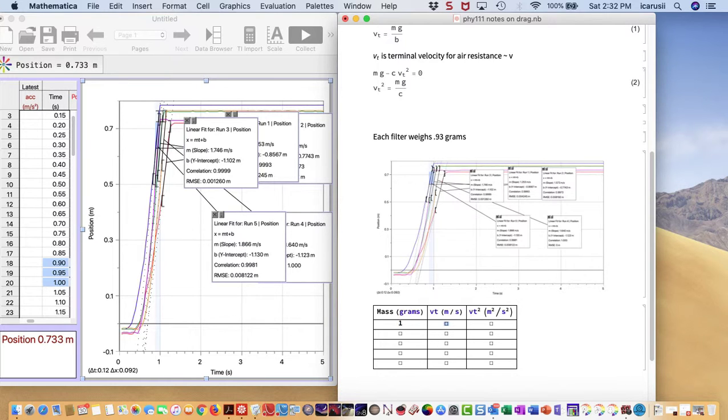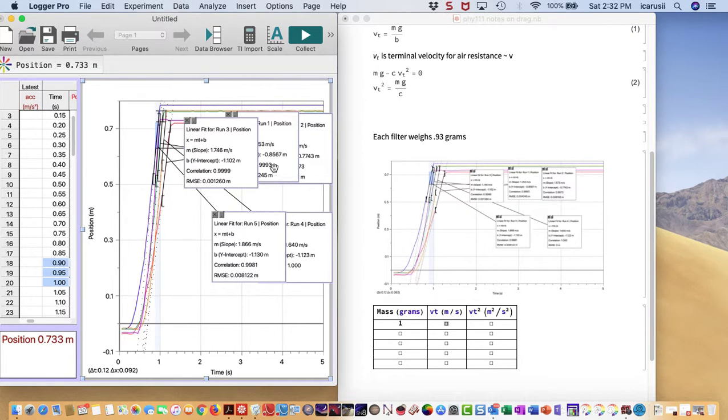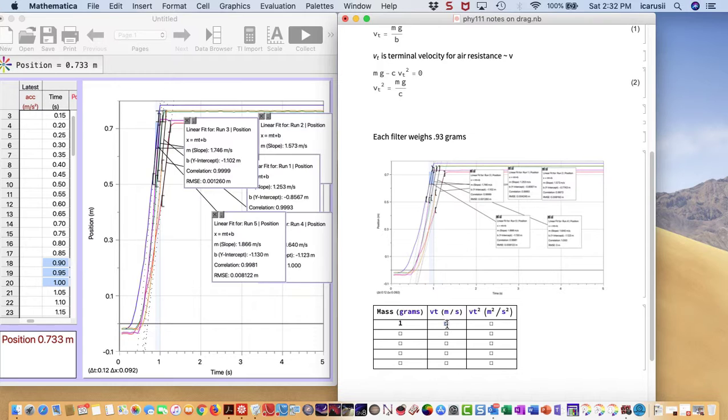The terminal velocity for run 1 was 1.253. I'm just going to use 3 digits, 1.25. And that wasn't what it was supposed to do, okay. 2.5. There we go. And this quantity squared.